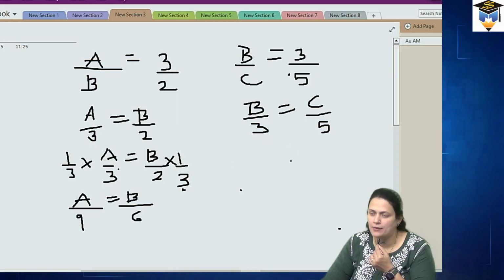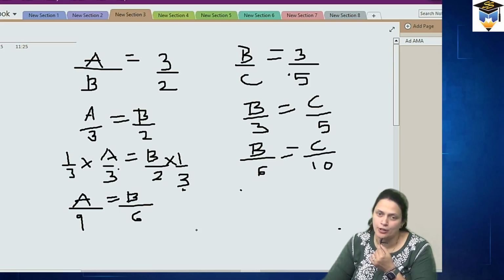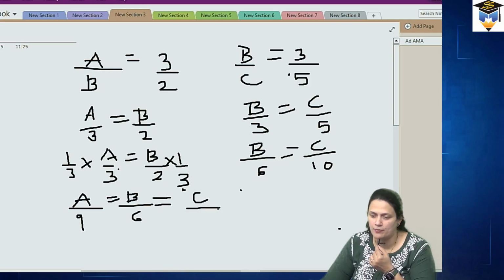Here multiply both sides by 1 upon 2. So B upon 6 is equal to C upon 10. Correct. So now if you can see B upon 6 is the continued ratio. So the final ratio A upon 9 is equal to B upon 6, that is equal to C upon 10. So 9 is to 6 is to 10.